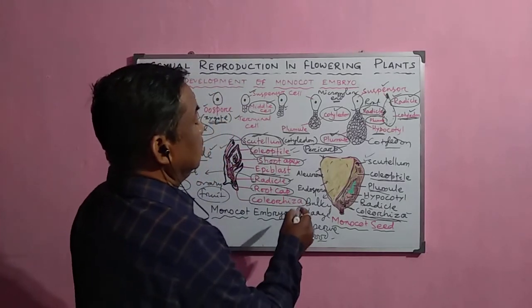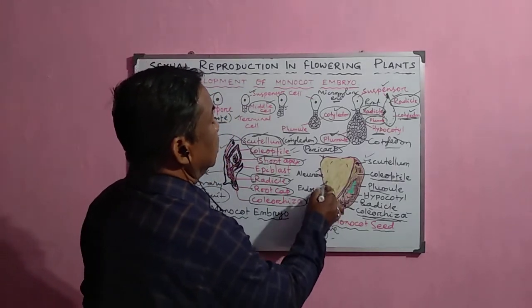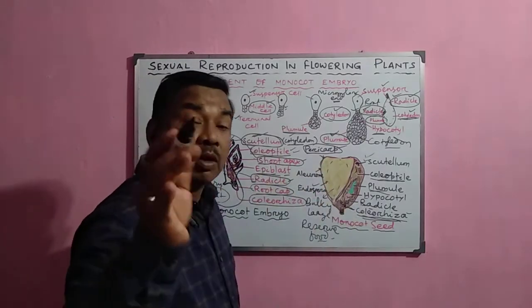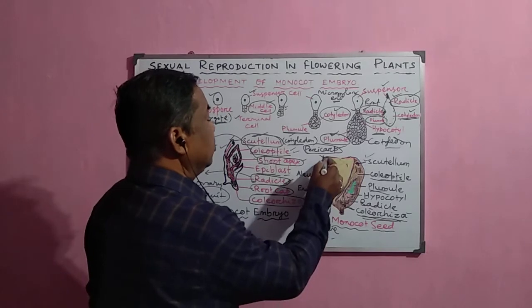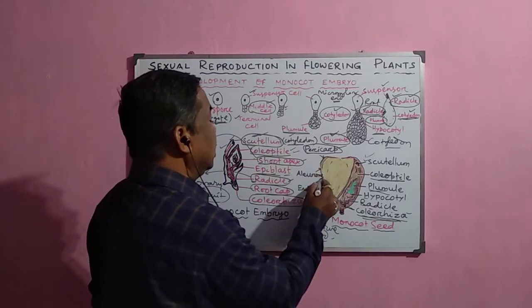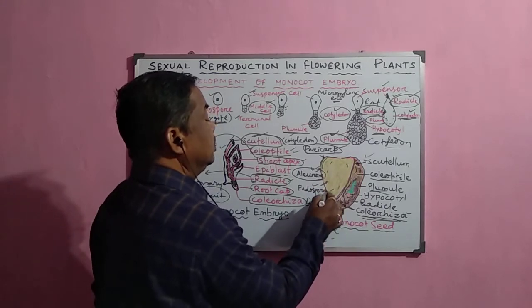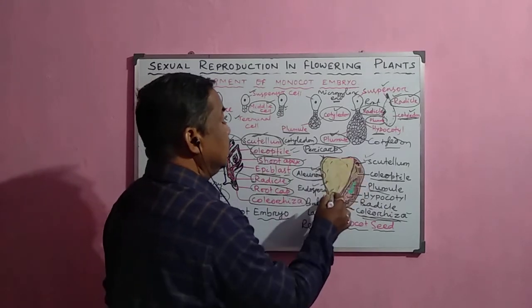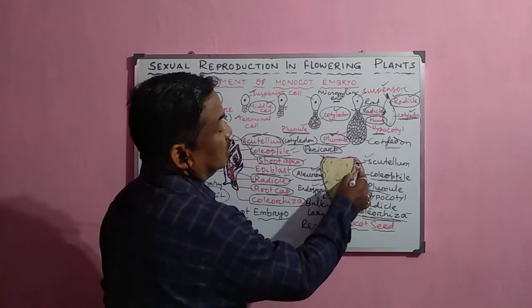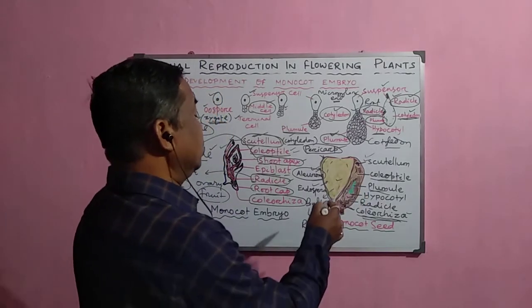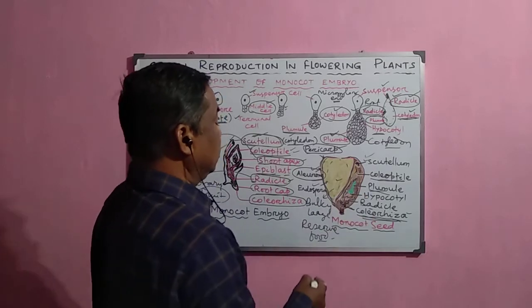This endosperm is present in one region, and it is separated from the embryo by a membranous wall called the aleurone membrane or aleurone layer, which separates the endosperm from the developing embryo.